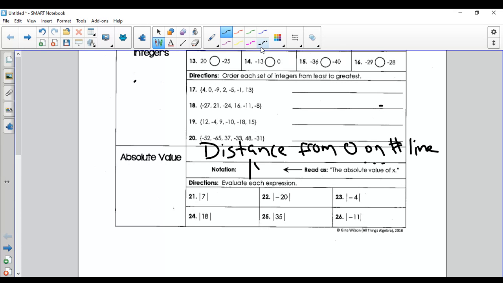And it's written as 2 lines within the number. So the absolute value of 7, it's 7 away from 0, right? But -20 is 20 away from 0. So it's not -20, you're only writing the amount away from 0. So all negative numbers, the absolute value would look like a positive number.